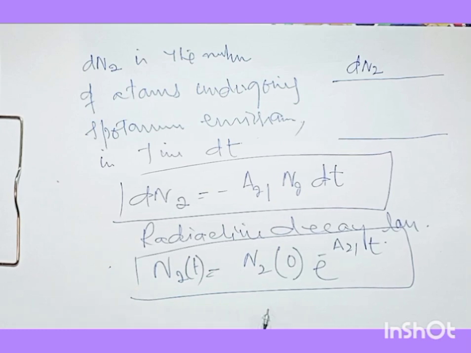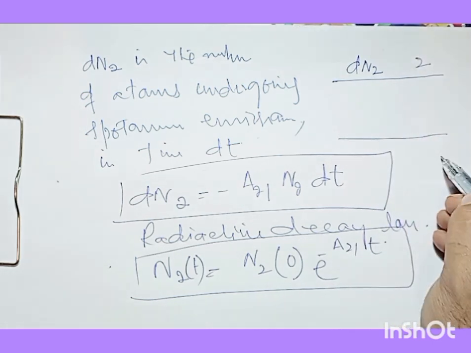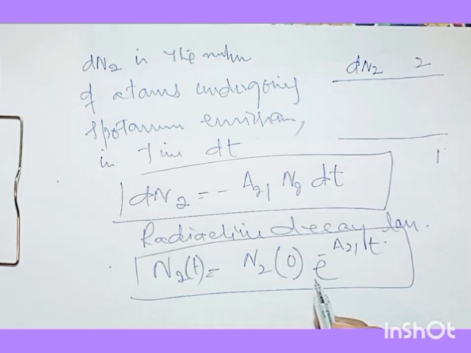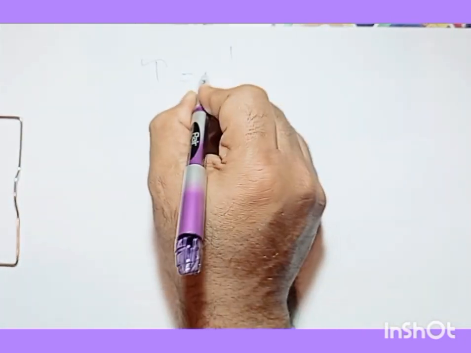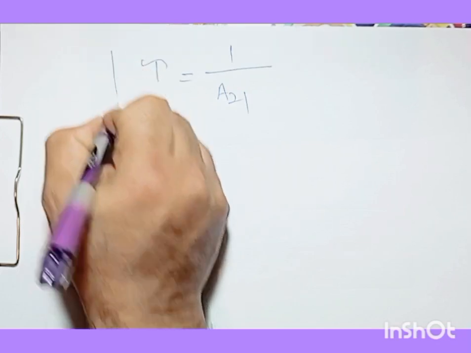From this equation, we can automatically estimate the mean lifetime of state 2. This is state 2 and this is state 1. If I symbolize the mean life by tau, this tau should be 1 by A21.